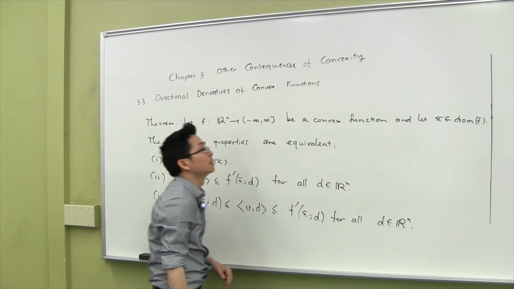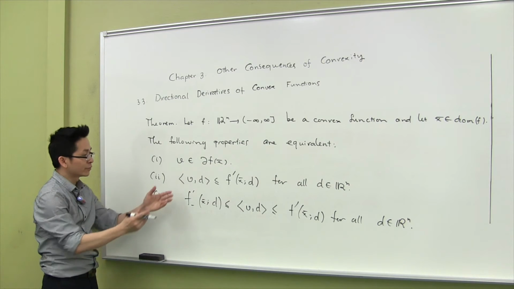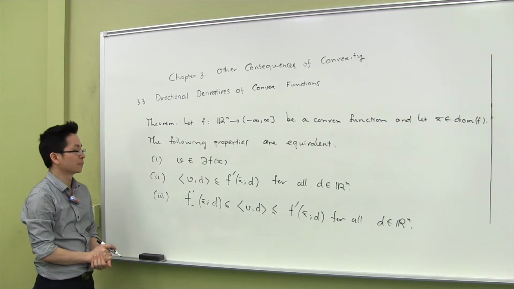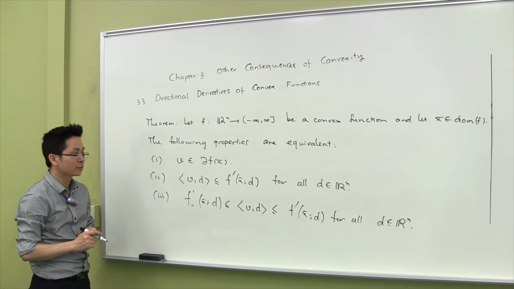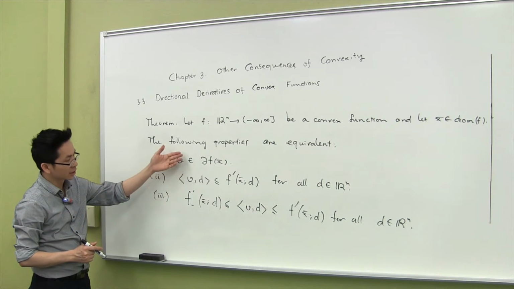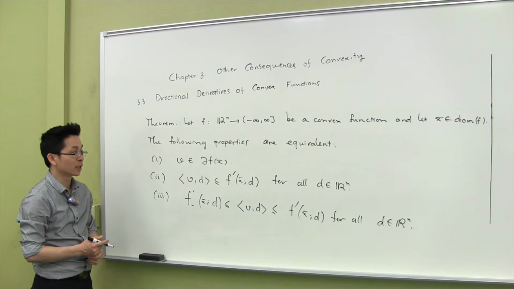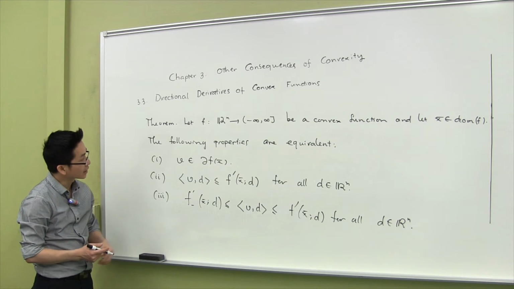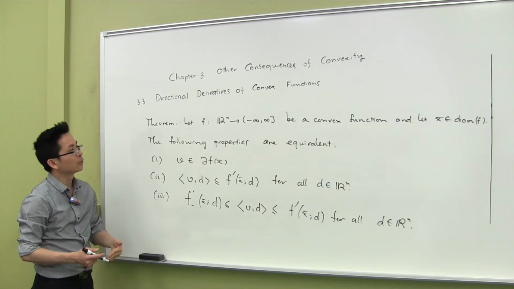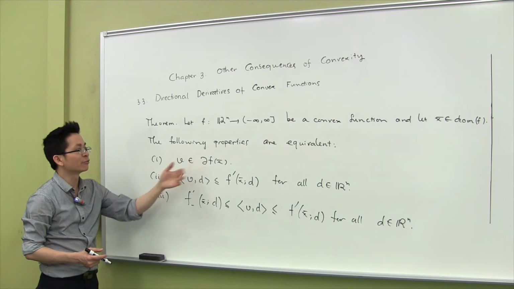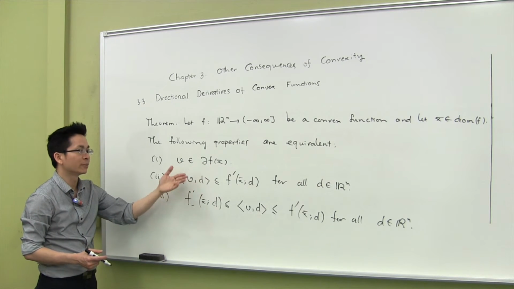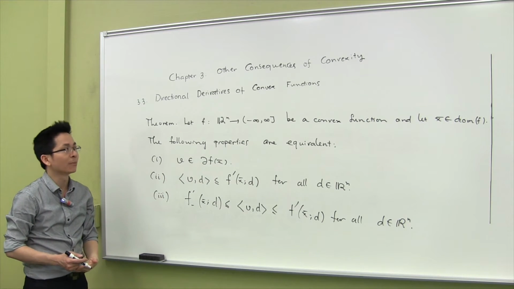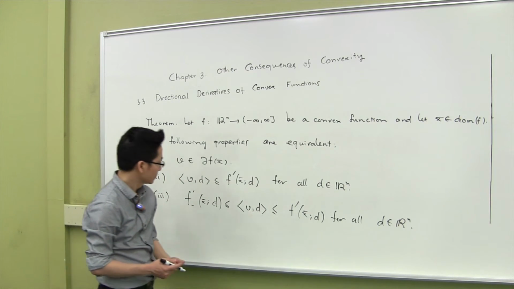Okay, so I'm going to go ahead and give the detailed proof of this theorem, but before giving the proof, let us discuss a very important consequence of this result. In fact, from this theorem, we can represent the subdifferential of a convex function f in terms of its directional derivative by the following formula.